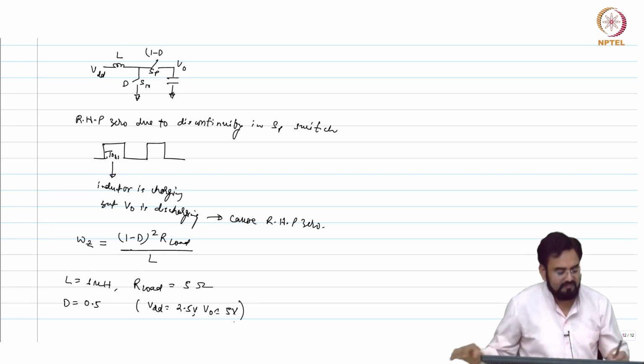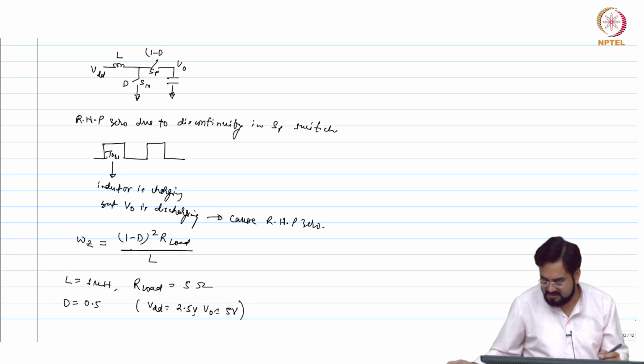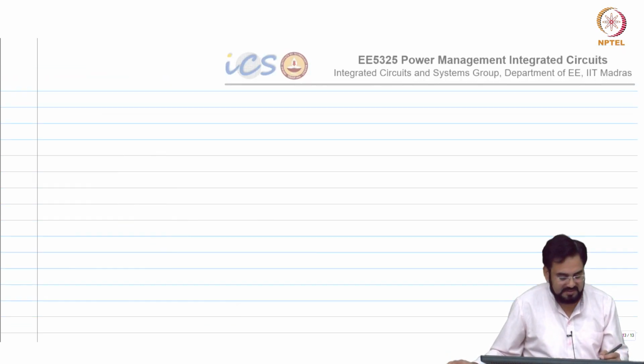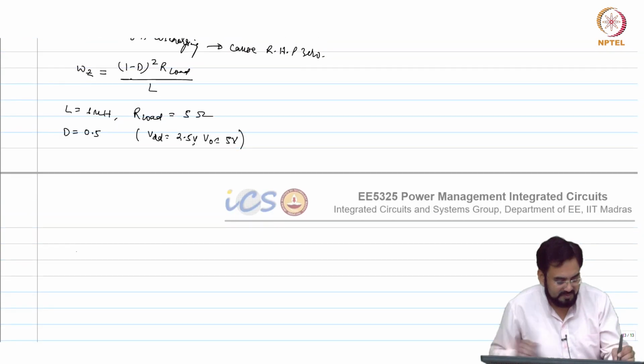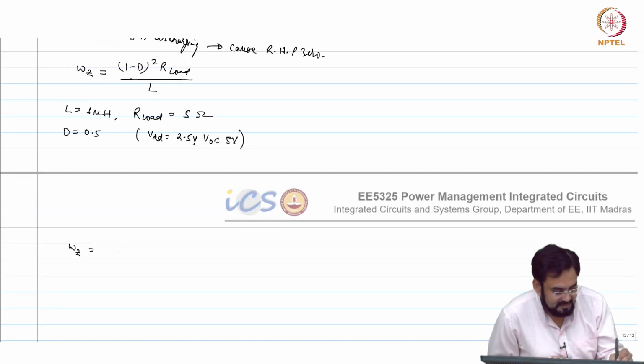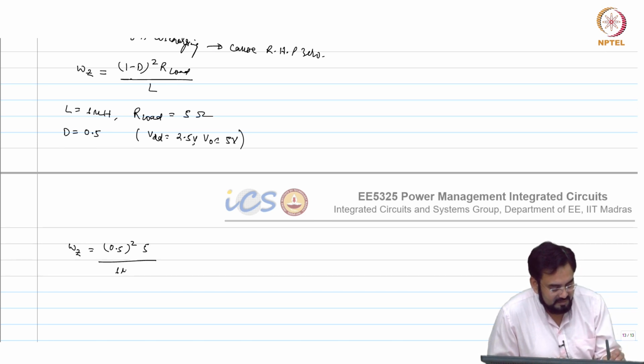Okay. So let us just do a quick calculation. Omega z will appear at 0.5 square times 5 by 1 microhenry.